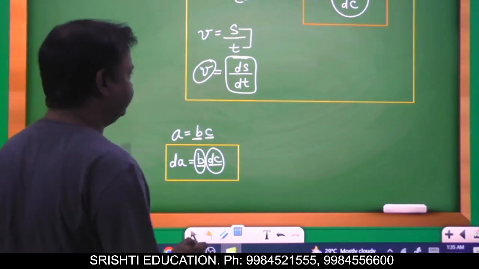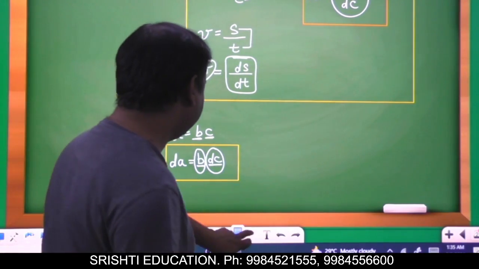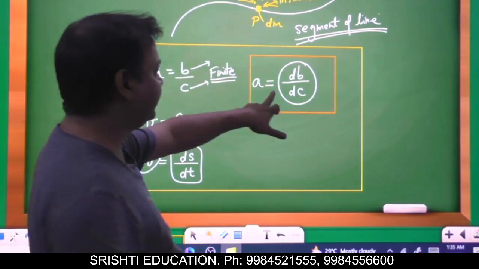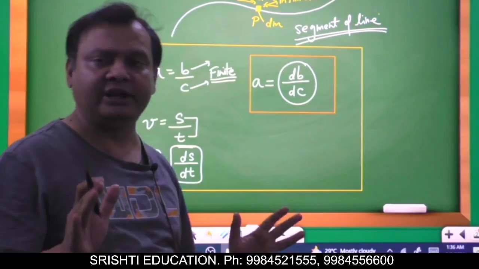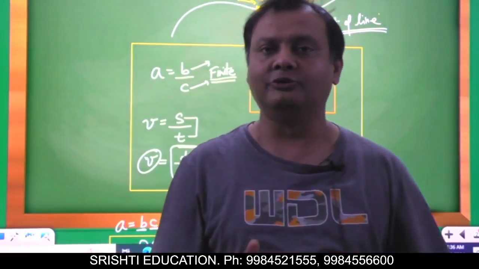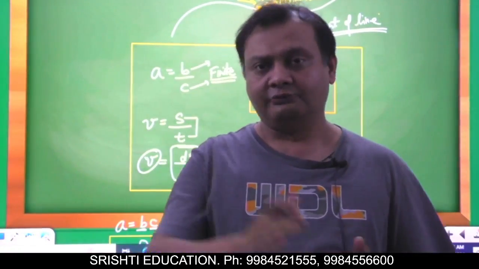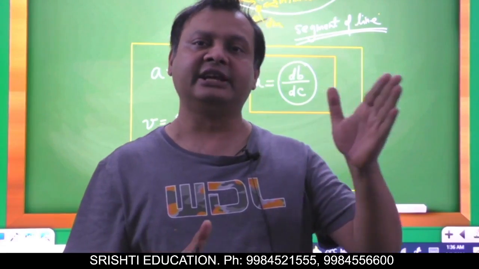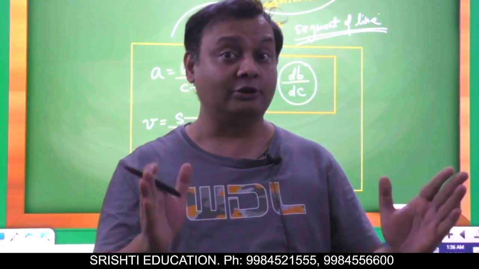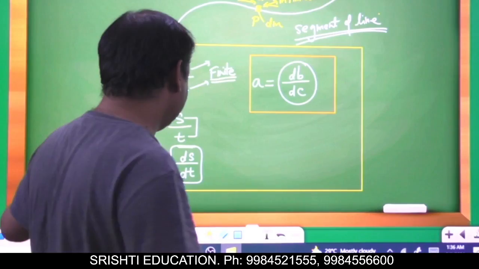When you divide two infinitesimal quantities, the answer is always a finite quantity. When you multiply a finite quantity with infinitesimal quantity, the answer is always an infinitesimal quantity. Okay. Right.